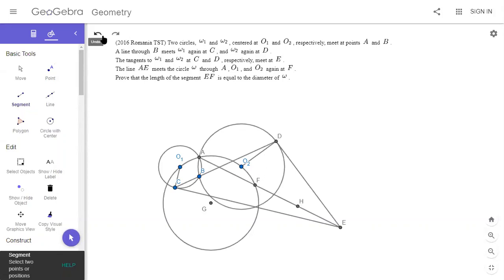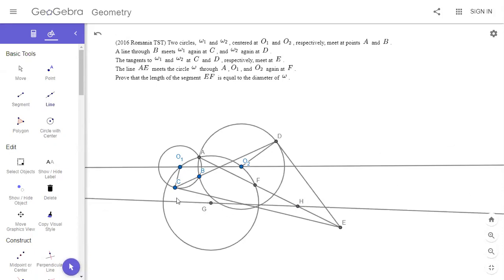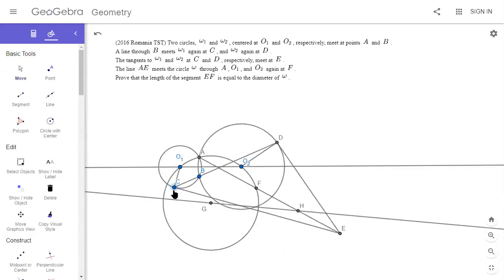I'm not sure where that goes. But yeah, I wonder if GH is parallel to O1O2. I feel like it should. I feel like it might be. Oh no, actually, I don't think it is. Let's see. Yeah, no, that's not true.